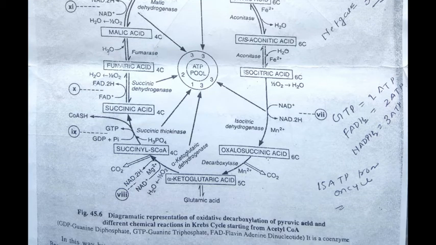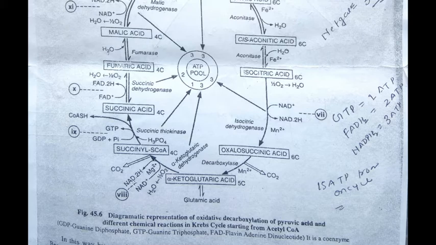Now oxalosuccinic acid is converted into alpha ketoglutaric acid by removing one CO2 molecule. The process of removal of CO2 is called decarboxylation. Then alpha ketoglutaric acid is converted into succinyl coenzyme A. Here, one CO2 molecule is removed and one NADH2 is produced.